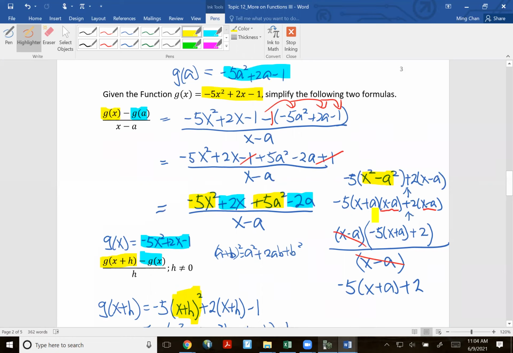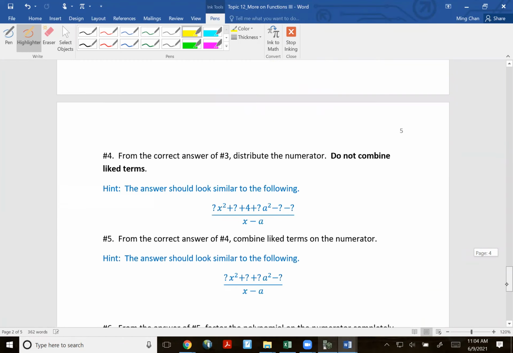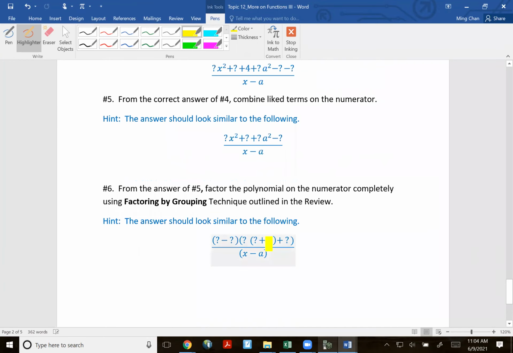Your final answer should look like this. It's obvious the x minus a will cancel out, so you can just leave them like it is. Please show me the work on how you did the factoring by grouping. The key part is the second parentheses on the top. I want to see how you can actually perform the factoring by grouping the way that I did.